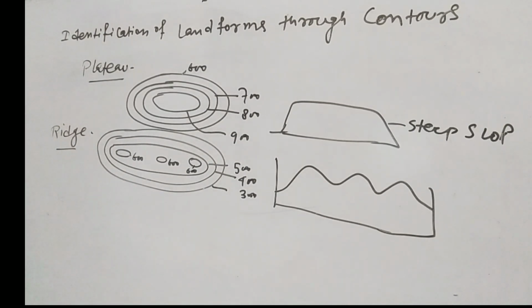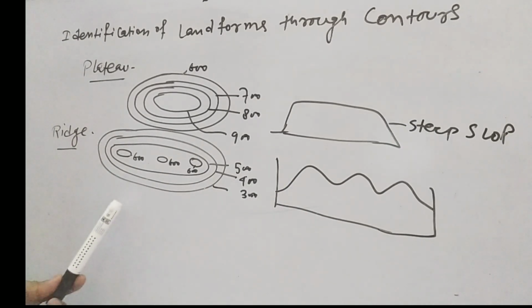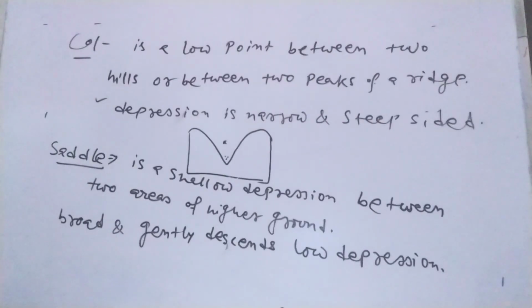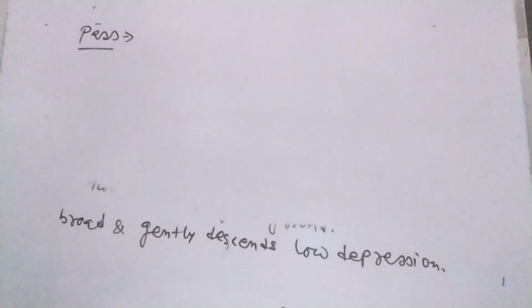Now look students, first of all steep slope also, and a ridge is represented by areas of higher ground, and broad and gently descends pass. So what is pass?